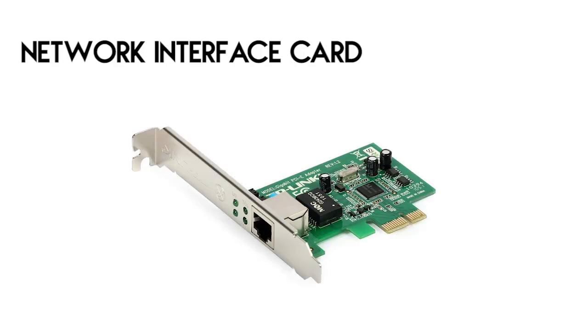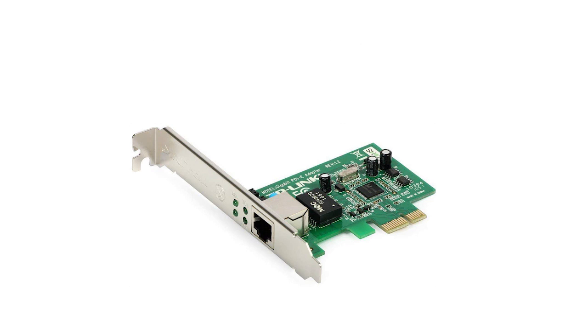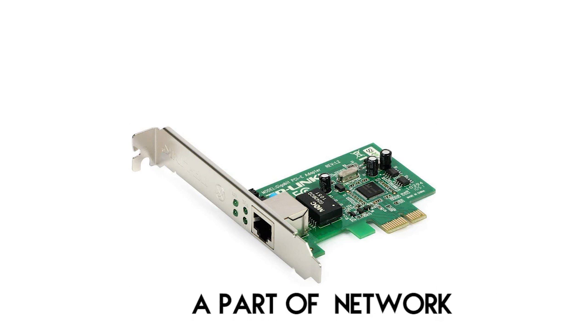Network interface card. To connect to a network, a computer uses a network interface card or NIC. A NIC controls the wired and the wireless connections of a computer to exchange information with other computers and the internet. A computer uses a network interface card to become a part of a network.